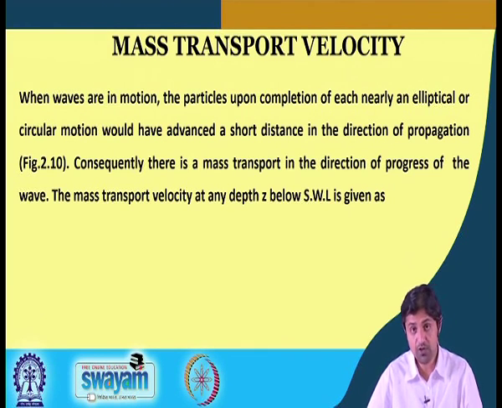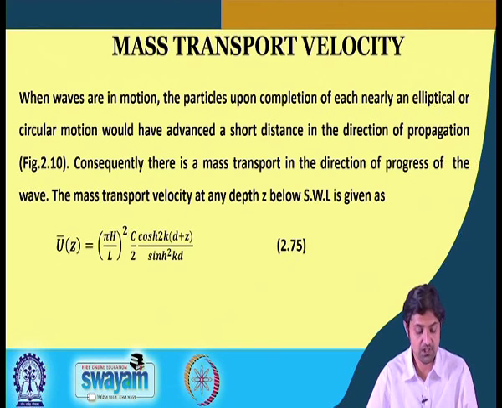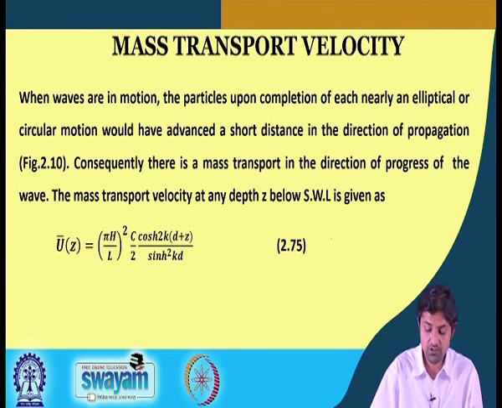Therefore, if they move ahead, that means that the mass associated with them has already moved forward, correct? This mass transport is happening in the direction of the progress of the wave, and the mass transport velocity is given by pi H by L whole square into C by 2 cosh 2k(d plus z) divided by sinh square kd.